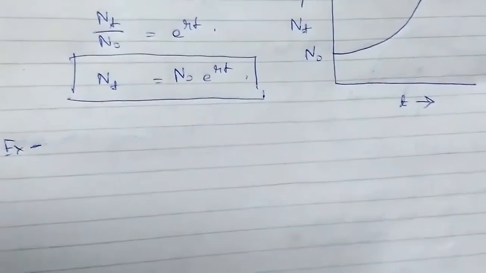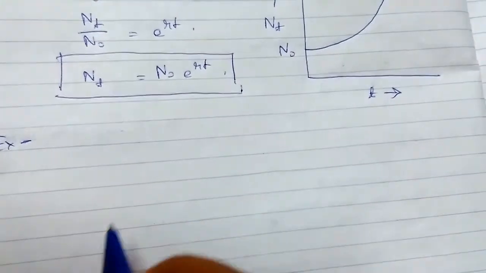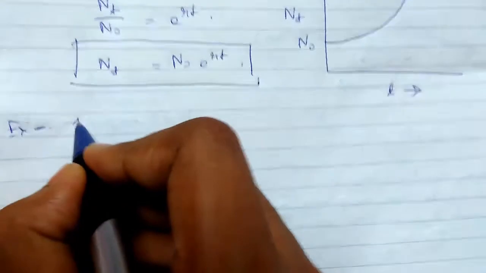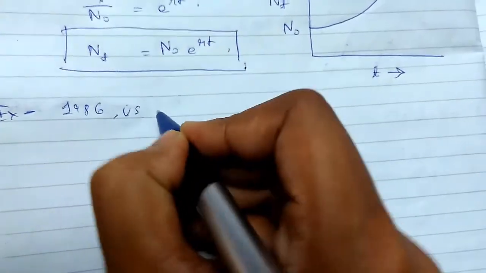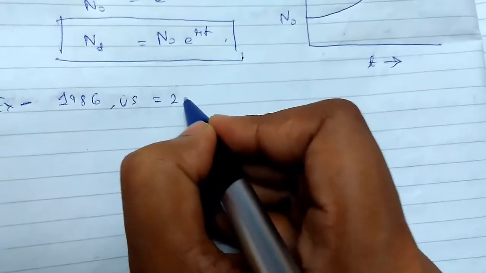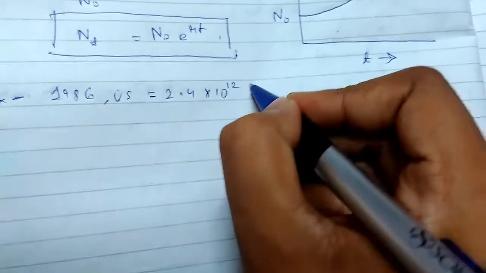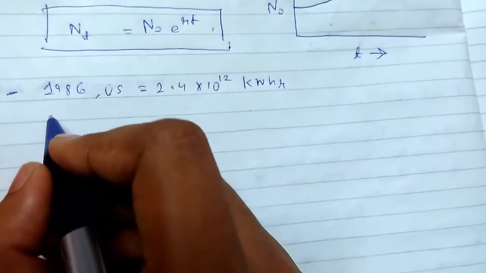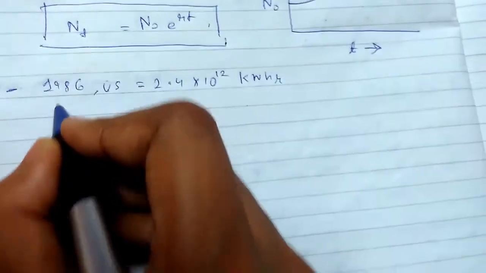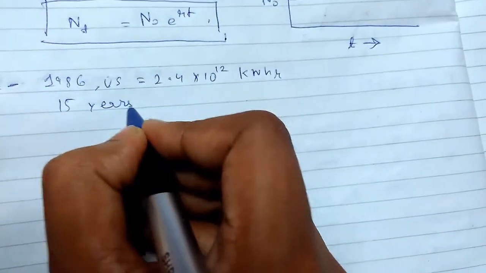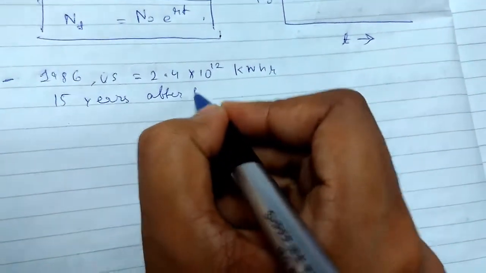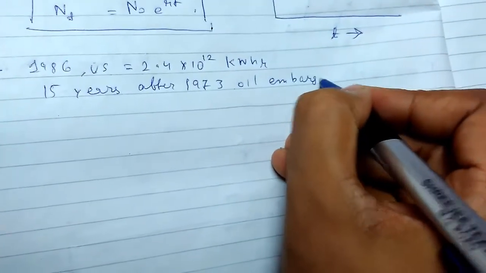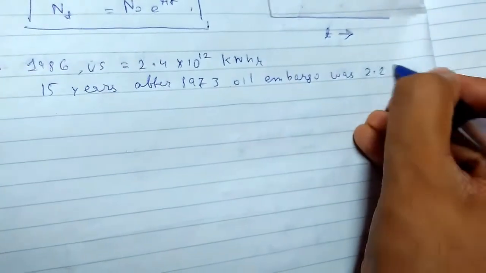So I'm reading the question. In 1986, the United States produced 2.4 times 10 to the power 12 kilowatt hours of electricity, and the average annual growth rate of US demand in the 15 years after the 1973 oil embargo was about 2.2%.